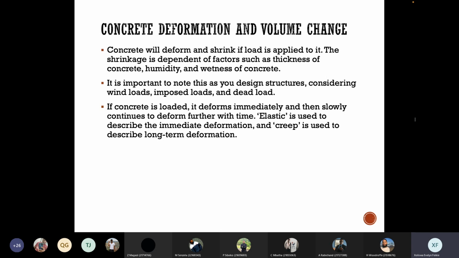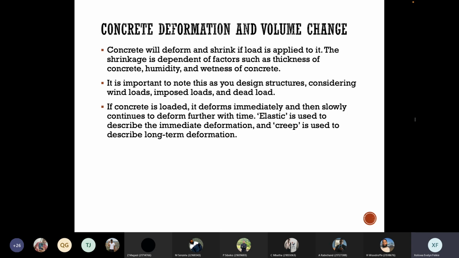Even if you have reinforcement, but the loading is too big, it means that you under-designed, right? So they tell you that concrete will deform and shrink. The shrinking part is the one whereby, because of the hydration process, it will tend to shrink, right? Because it's losing water.